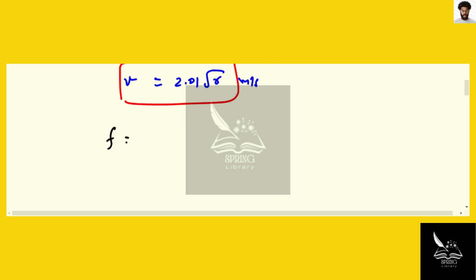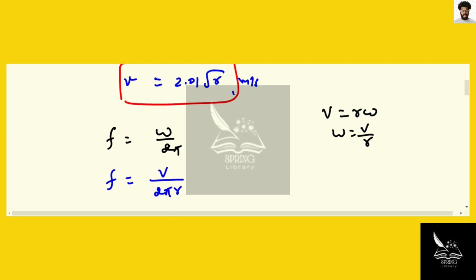Now we have to find the angular frequency or the frequency. We know that frequency is omega by 2 pi. Now we have v equal to r omega, so omega equals v by r. So frequency will become v by 2 pi r.